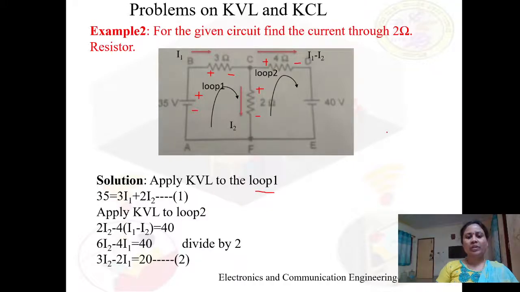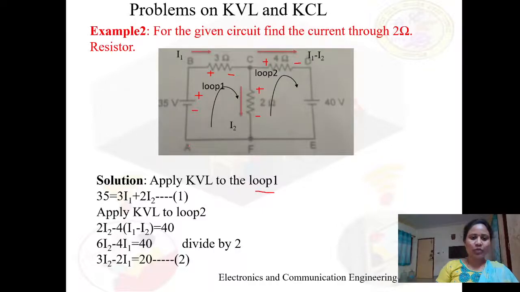In some cases the direction of the currents will not be given, so we have to assume it. So to apply the KVL, we have assumed the sign changes for the voltage drop across each resistor in this way. Okay, now apply KVL to the first loop.